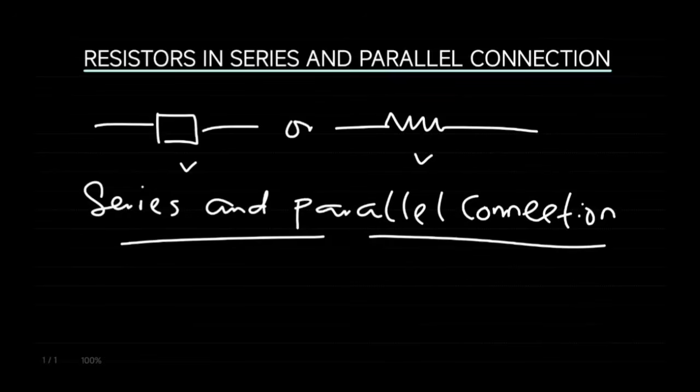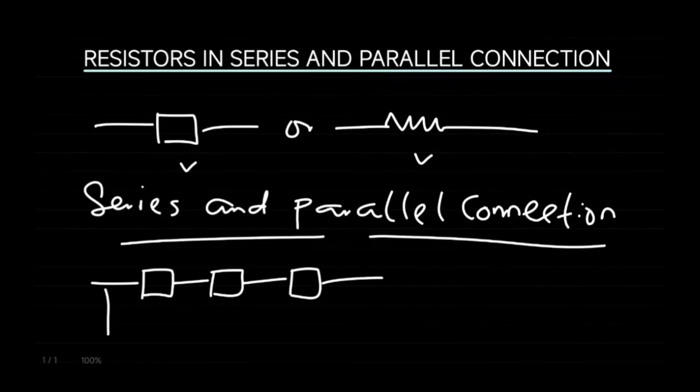In series connection, resistors are said to be connected end to end, having the same current passing through each of them. Now, this is the diagram of resistors connected end to end, supplied with the voltage of the battery V. This is plus and this is minus.